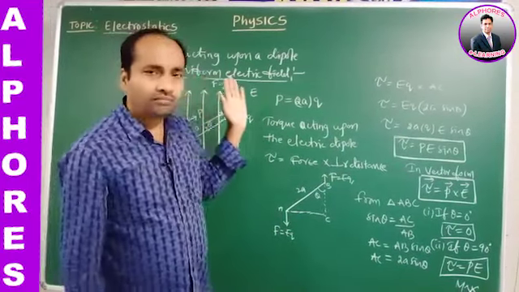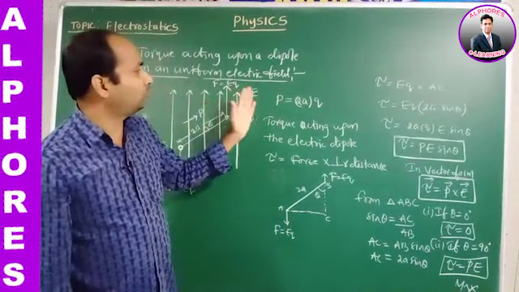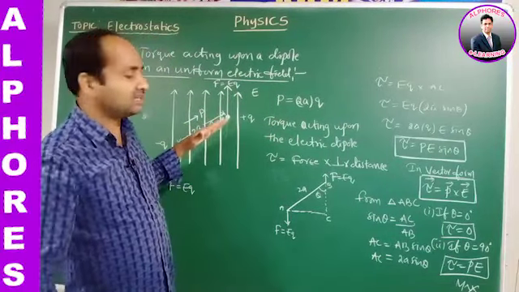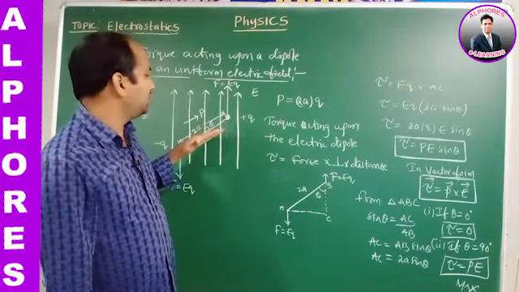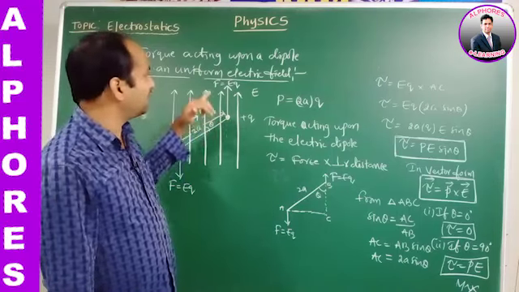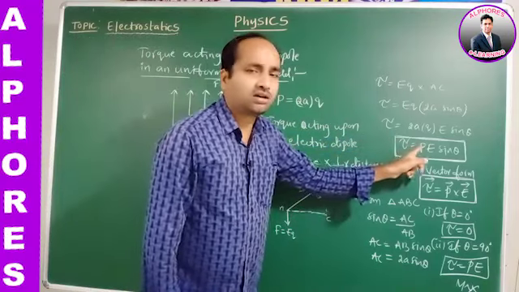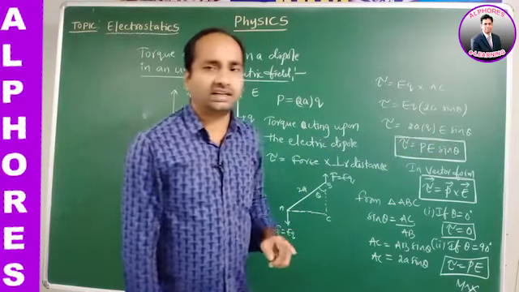When a dipole of dipole moment P is placed in a uniform electric field such that the dipole moment makes an angle theta with the electric field, the torque acting upon it is tau equals PE sin theta.